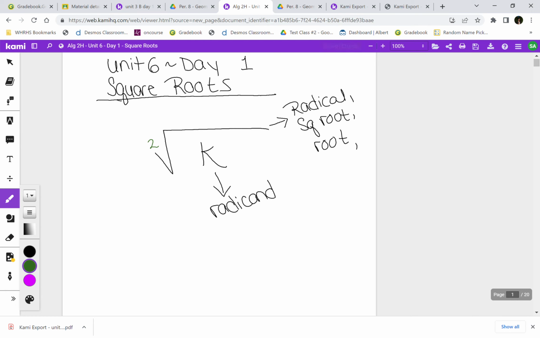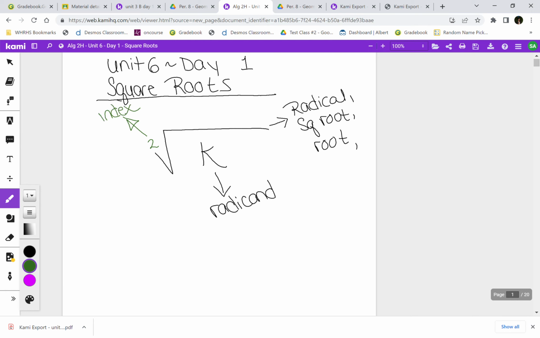David? Yeah, it's telling us it's the square root of the number inside, or what number times itself will give us the radicand. That number by the check mark is called the index.